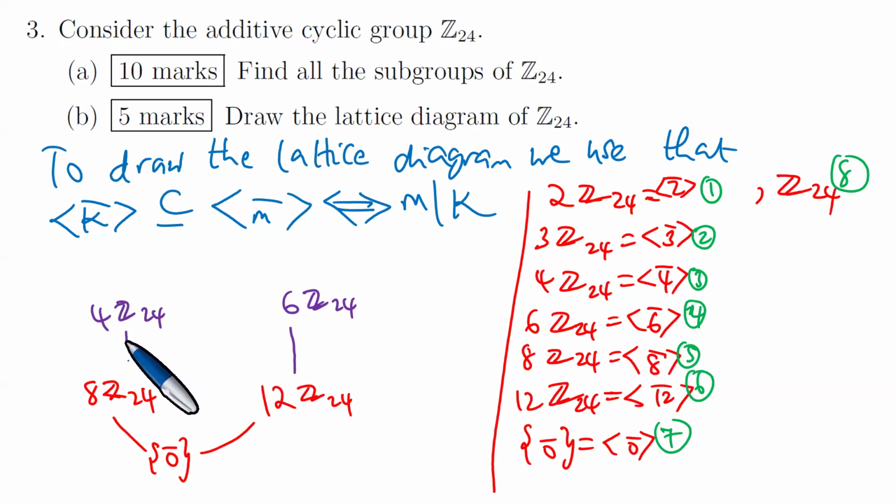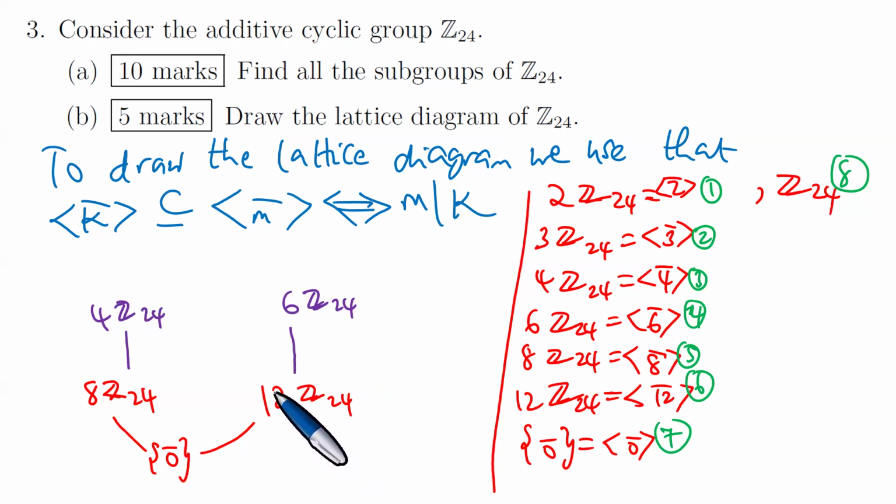So you put 4 in Z24, 6 in Z24. Now this one here is order what? 24 divided by 4 is 6. And also this one is 24 divided by 6, which is 4. What are we seeing here?